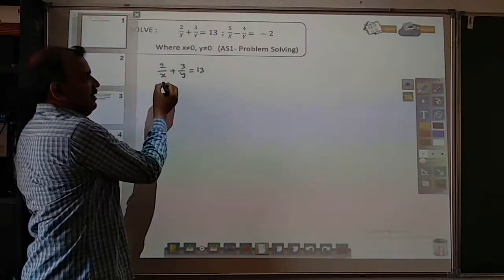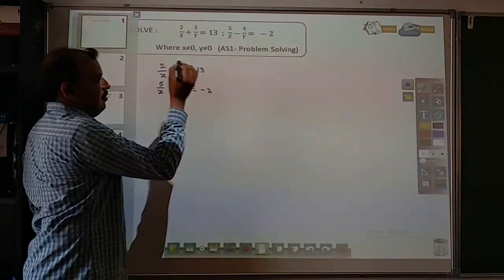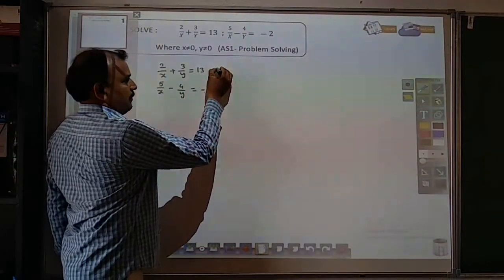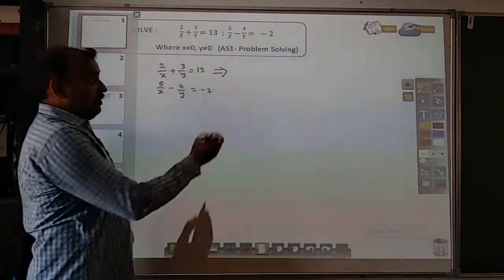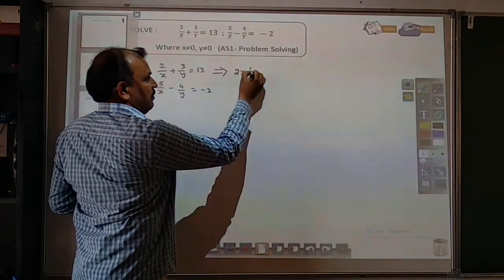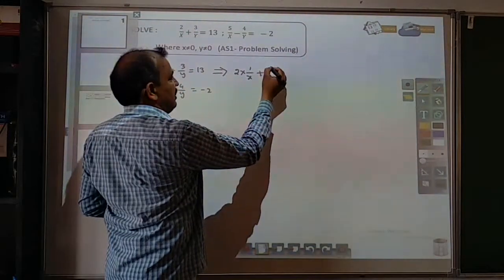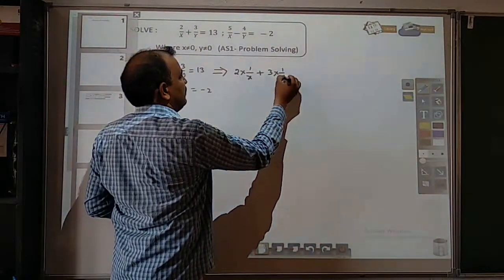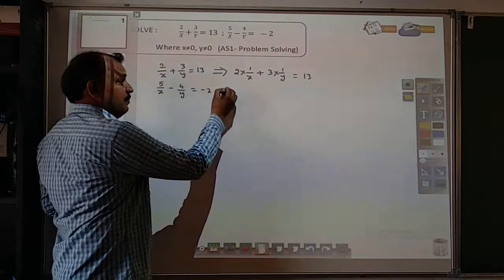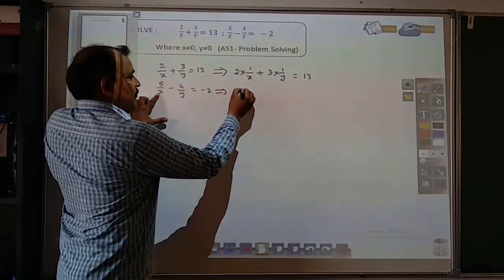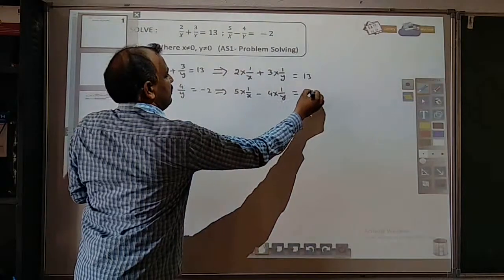Second equation, 5 by x minus 4 by y is equal to minus 2. 2 by x can be written as 2 into 1 by x, plus 3 by y can be written as 3 into 1 by y, that is equal to 13. Similarly, in the second equation also, 5 by x is there, so 5 into 1 by x minus 4 into 1 by y is equal to minus 2.